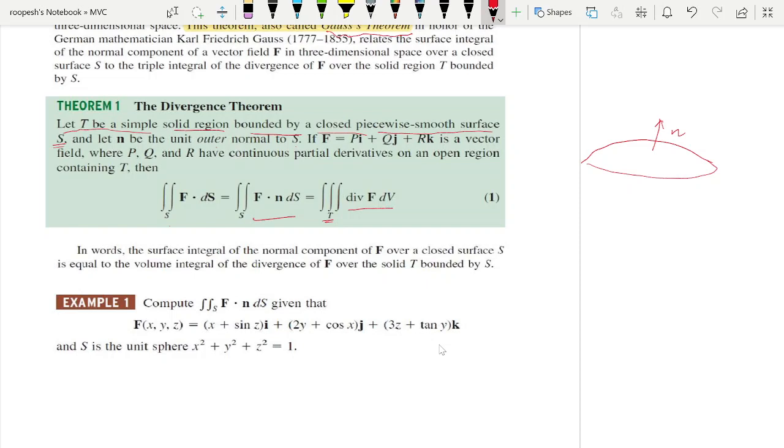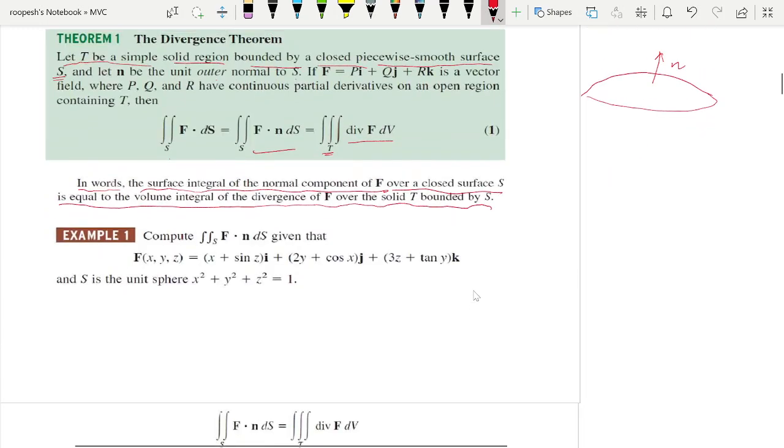So in words, the surface integral of the normal component of F over a closed surface S is equal to the volume integral of the divergence of F over a solid T bounded by S. So let us see one example.